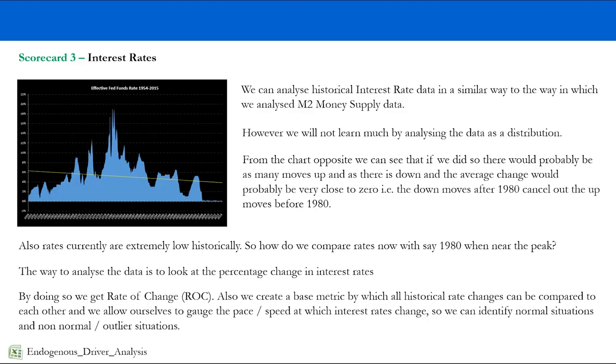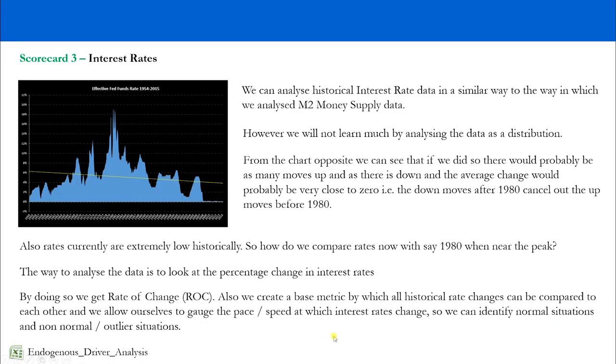And by doing this, we get a rate of change, and we also create a base metric by which all historical rate changes can be compared to each other. And we also allow ourselves to gauge the pace or speed at which interest rates change. So we can basically identify normal situations and abnormal or outlier situations.